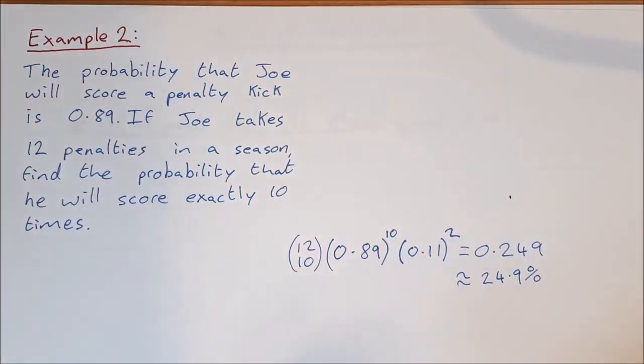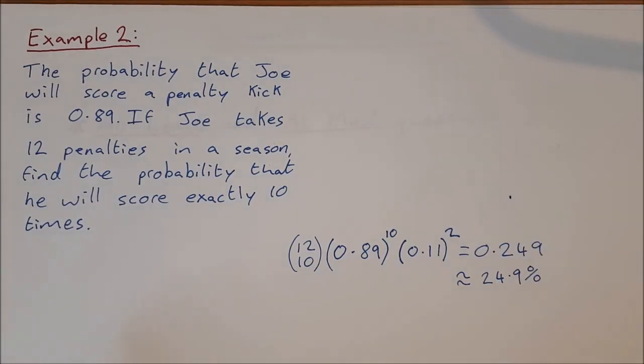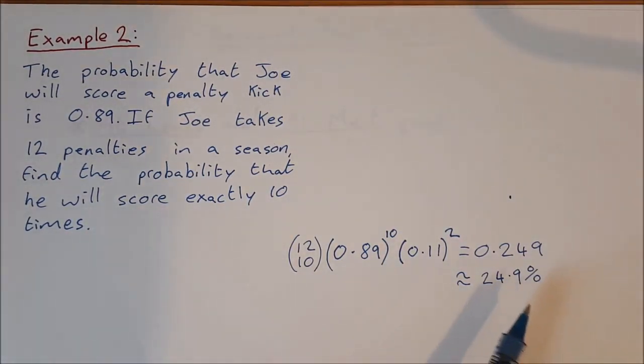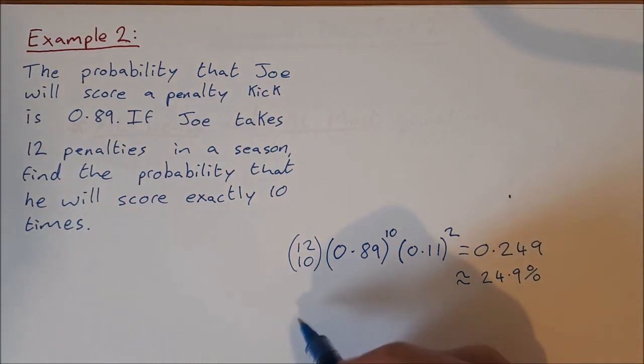So if he has a 0.89 chance of scoring a penalty, the probability that he'll score exactly 10 times is 24.9%.